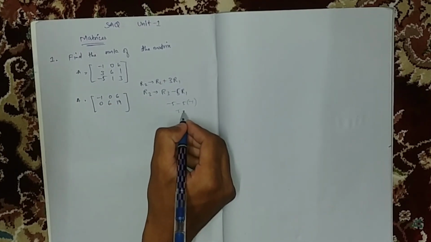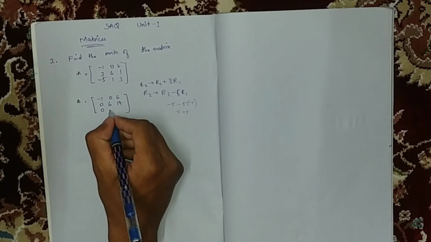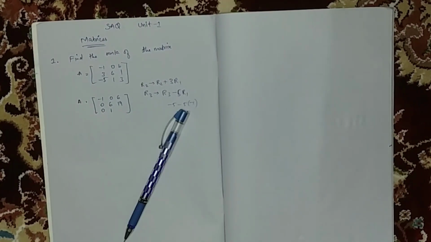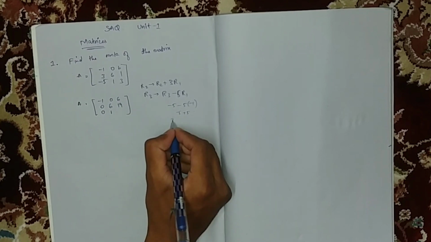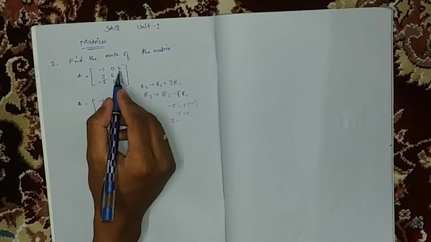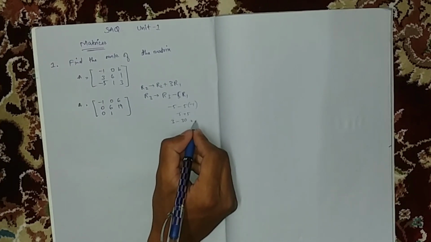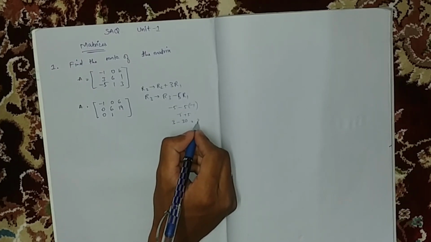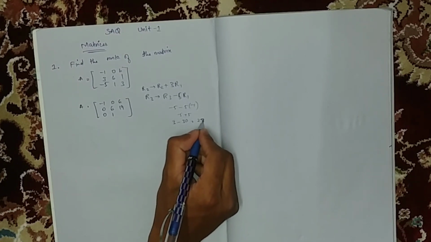So it becomes minus 5 plus 5, it becomes 0. Now 1 minus 5. Now 3 minus 5 into 6, so it's 30. 30 minus 3 is 27.